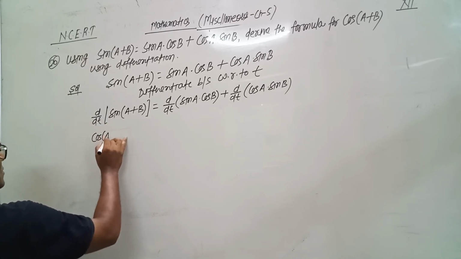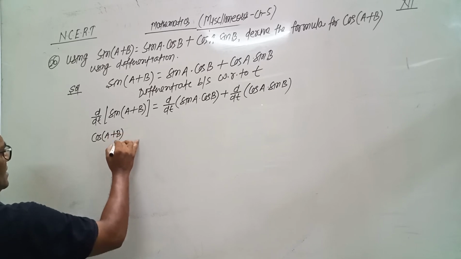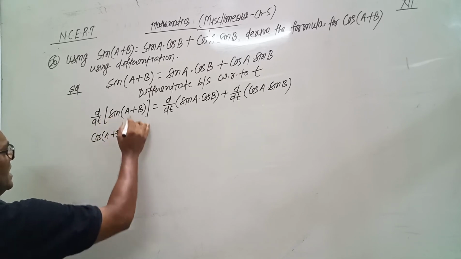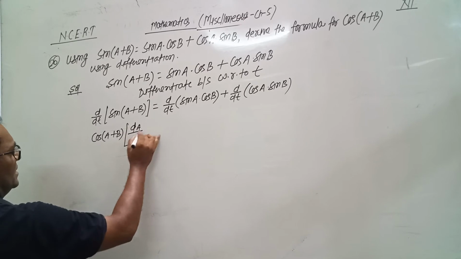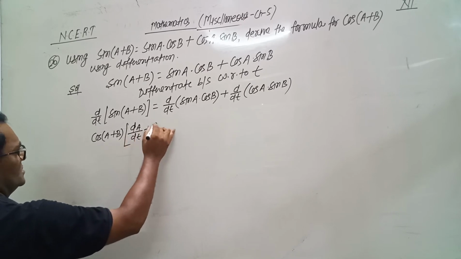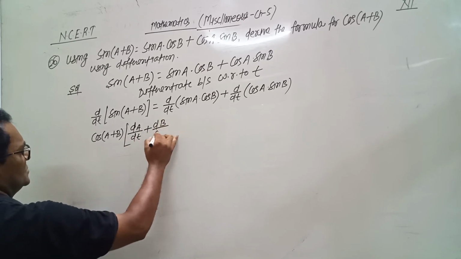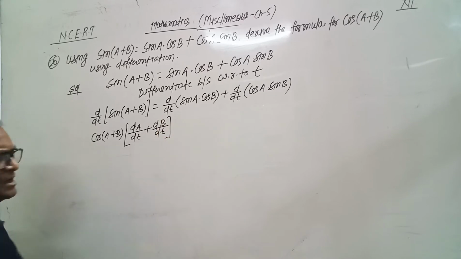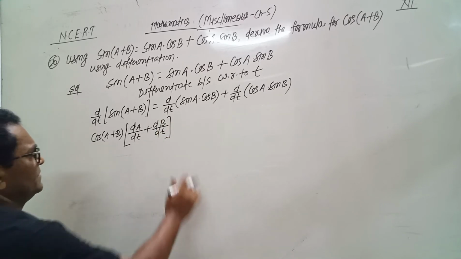So we get cos(A+B), and differentiation of A with respect to t is dA/dt, and differentiation of B with respect to t is dB/dt.